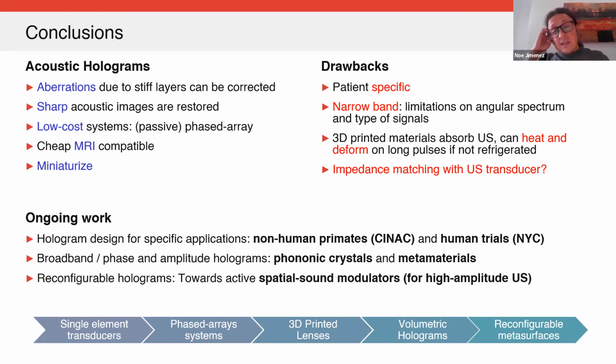As drawbacks, these holograms need to be patient-specific, but they are cheap. Actually, this is not a big drawback. You need to develop your system to do that. They are narrowband, but for therapeutic applications, actually, this is not really a problem because the spectrum for therapeutic applications is very narrow.